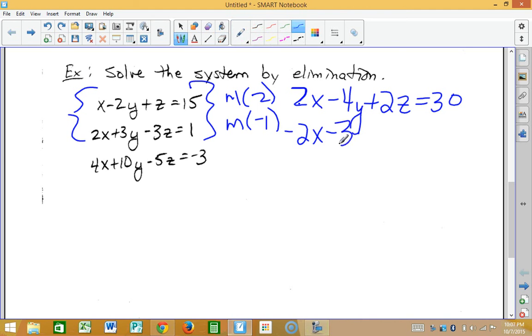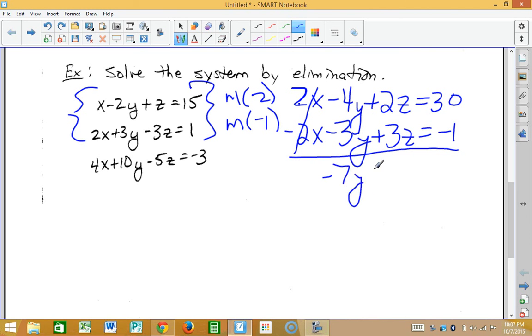Minus 3y plus 3z equals -1. So we're going to add those together. As you can see, the x's are eliminated. That leaves us with negative 7y plus 5z equals 29. Okay, so we eliminated one of the three variables.